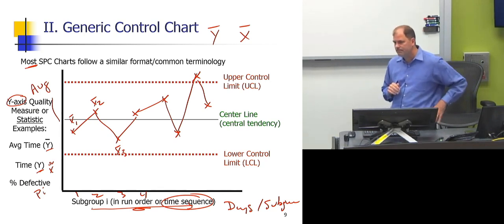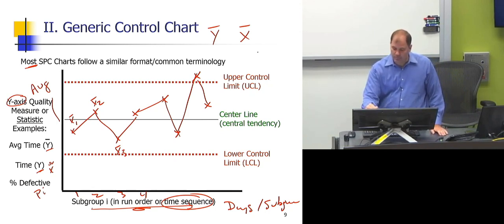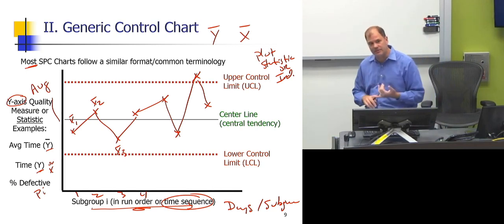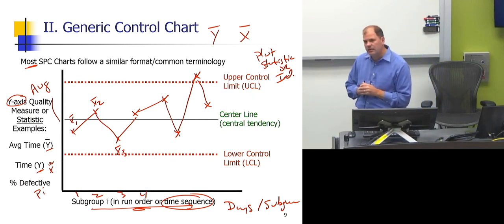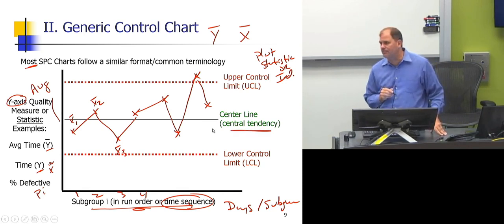We doing okay so far? You're going to plot whatever your statistic is. Or technically, it could also be an individual value. Not a statistic, just the individual value. But you're going to plot a statistic or an individual value. Then what you're going to note is that value is going to have some central tendency.